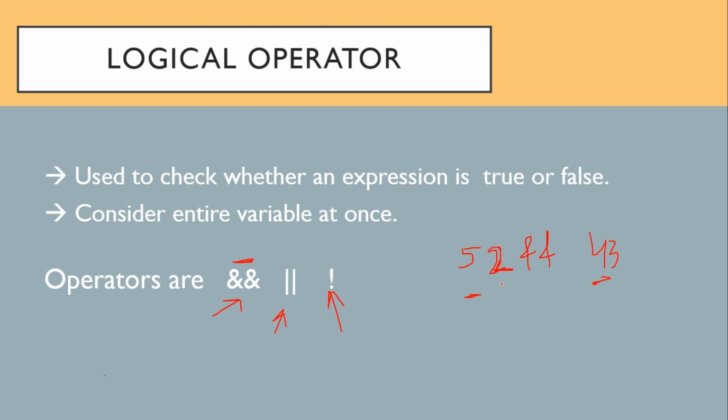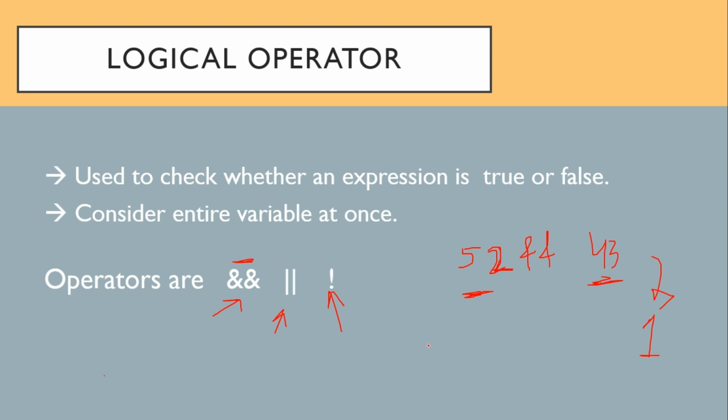You have to keep in mind one thing: computers recognize any non-zero integer as true and 0 as false. So we have 52 and 43 here, which are integers, so they will be true. As both the expressions are true, it will return 1, which is true. True is 1 and false is 0 here.